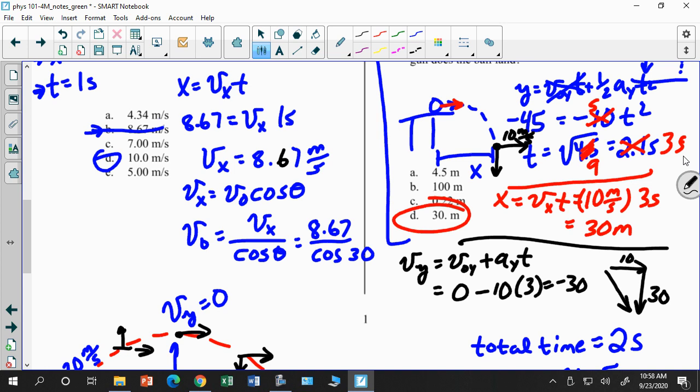So in order to find the magnitude of that vector, I'll say the square root of 10 squared plus 30 squared, which is the square root of 1,000, whatever that is. Expect something like that, where I ask you the speed of the object at a particular point in time or space. You have to find the x component and the y component, and then use the Pythagorean theorem to find the resultant vector.